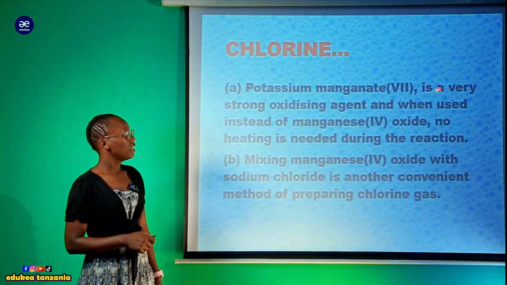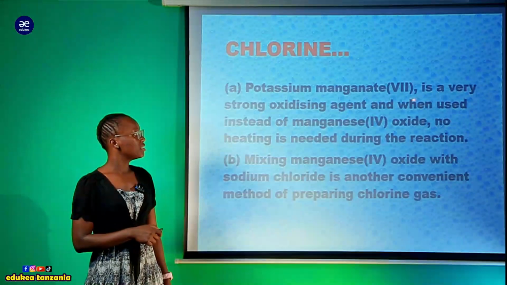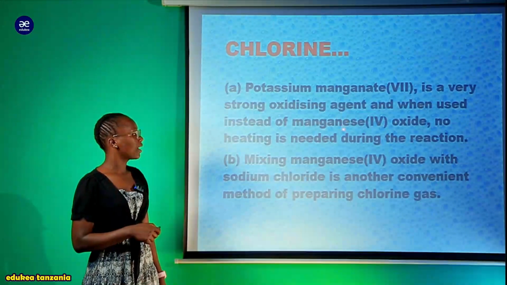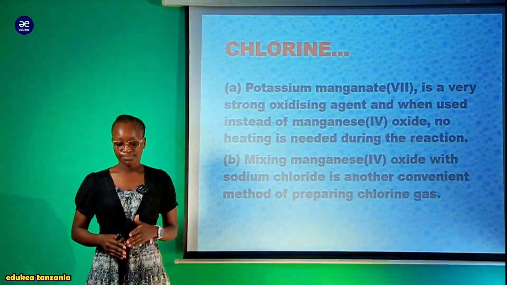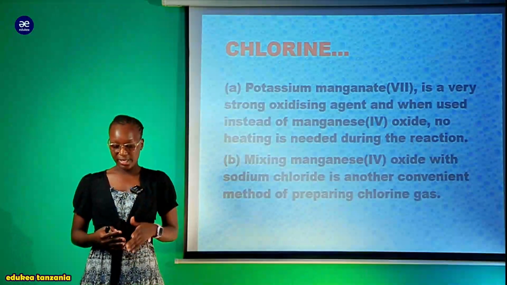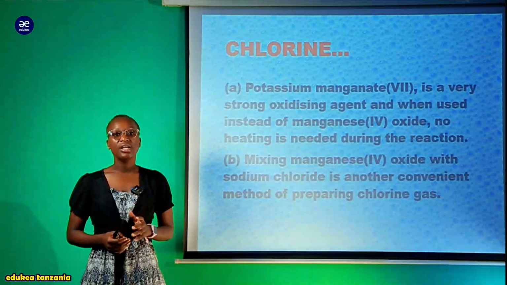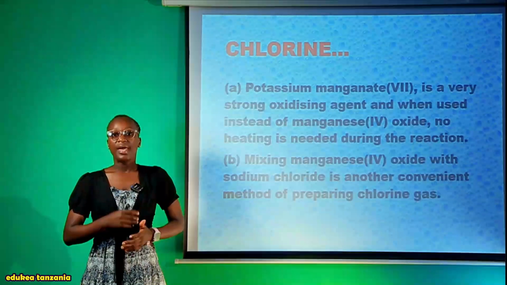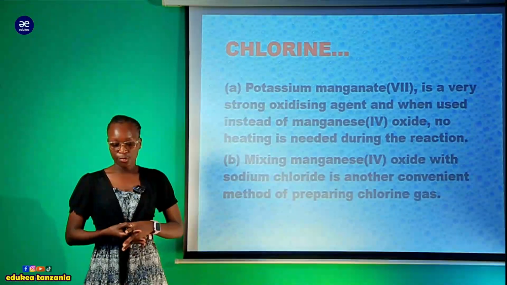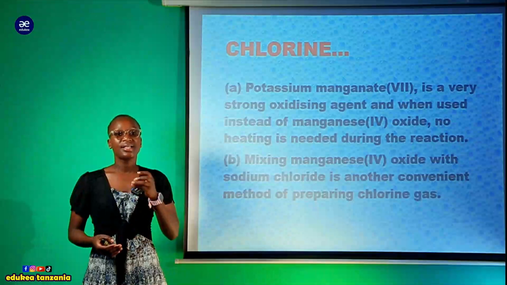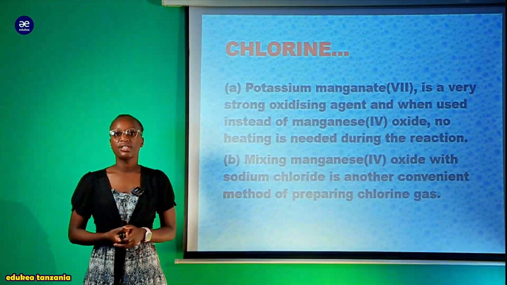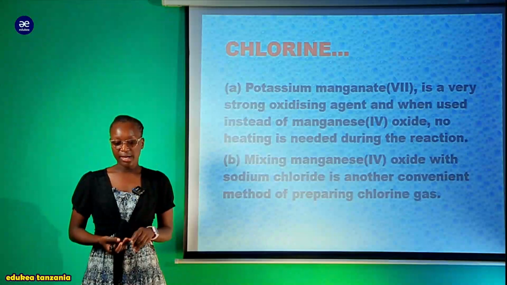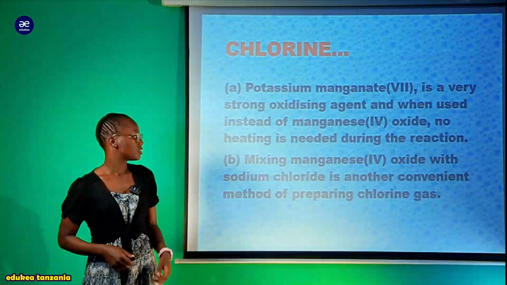Potassium manganate is a very strong oxidizing agent, and when used instead of manganese(IV) oxide, no heating is needed during the reaction. Kwamba potassium manganate yenyewe ni very strong oxidizing agent, so ikitumika instead of kutumia hii manganese(IV) oxide, heating process is not required at all, kwa sababu yenyewe ni very strong oxidizing agent.